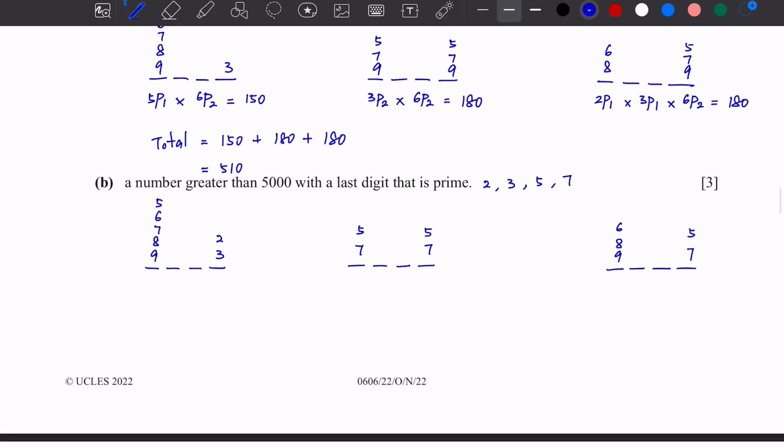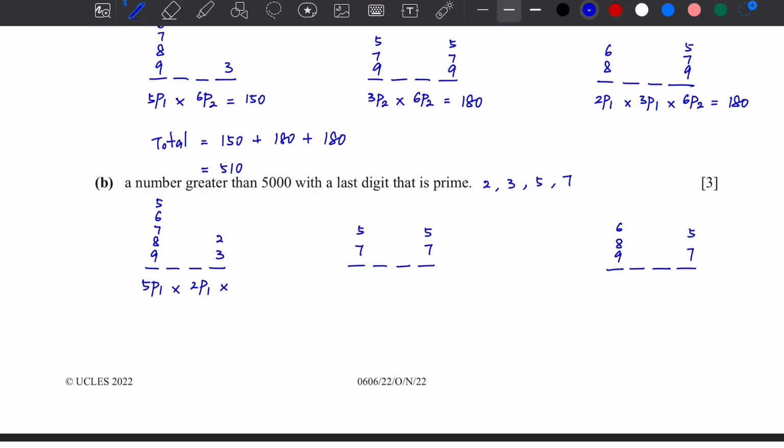So the first situation, we choose from 5 numbers for one slot. So 5P1, and we choose from 2 numbers for the last digit, which is 2P1 as well.